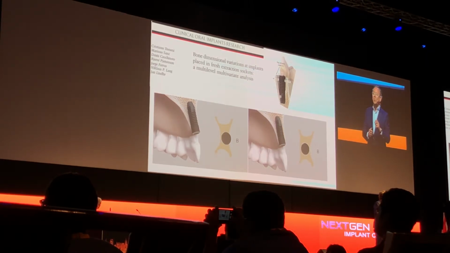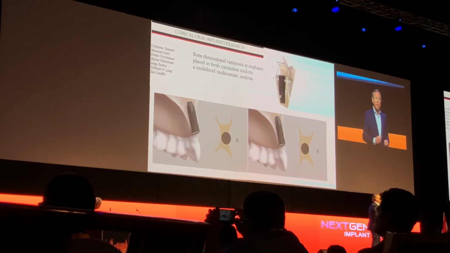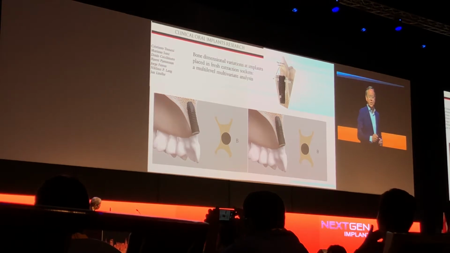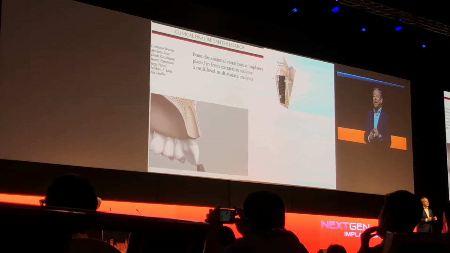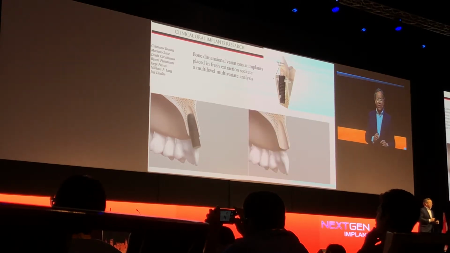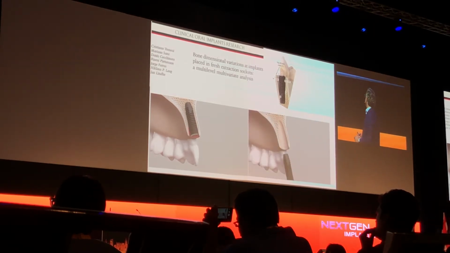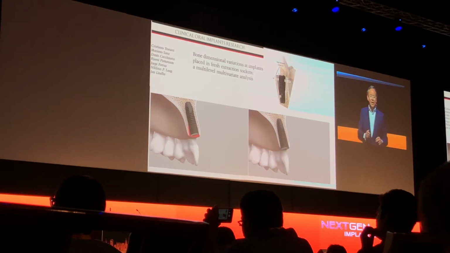If we place the implant close to the buccal bone and that buccal bone is very thin, we are going to lose, as you can see, most of the buccal bone. We are going to have an enormous change. However, when we have thick buccal bone, more than 1 millimeter, if we are able to place our implant palatally, then we are going to lose very little.